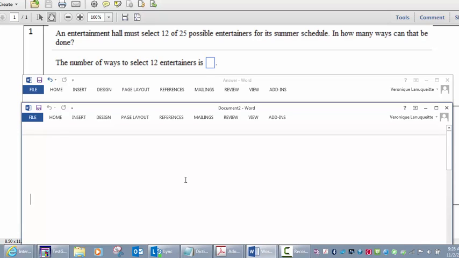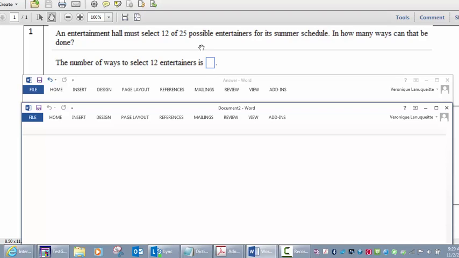The first problem is the following. An entertainment hall must select 12 of 25 possible entertainers for its summer schedule. In how many ways can that be done? So what we're going to look at is the following. First, is repetition allowed? No. If somebody is chosen, then they cannot be chosen more than once, okay? The second thing, what about order?